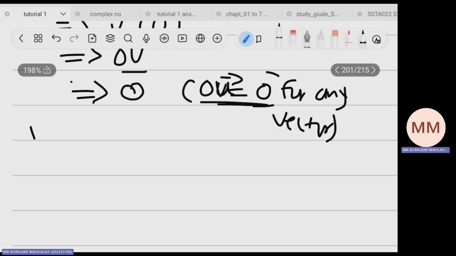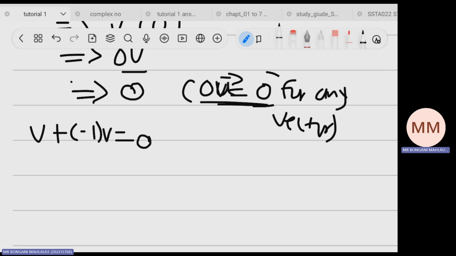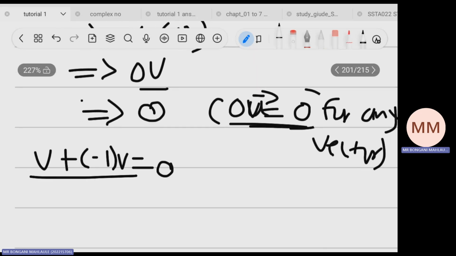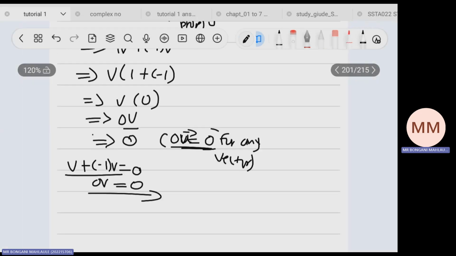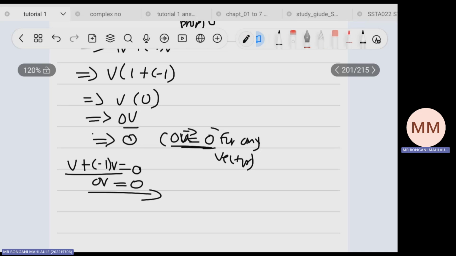Now when you have V plus negative 1V, it's equal to 0. We already found that this is equal to 0V, which is 0. You guys will check how you can write it more simply.